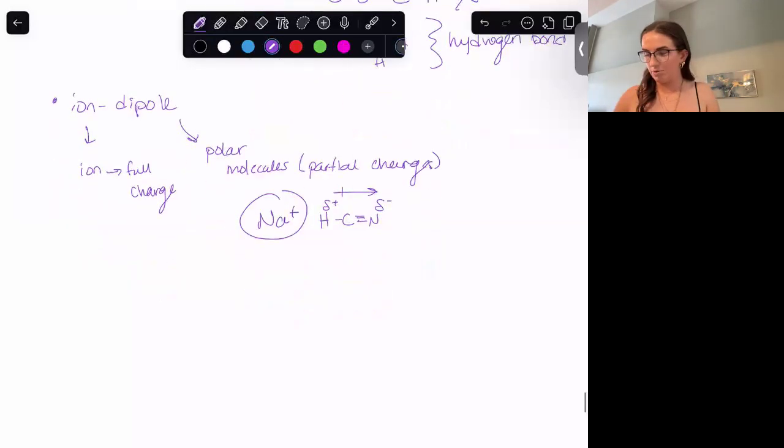Yeah, and so another example could be chlorine and carbon fluoride.